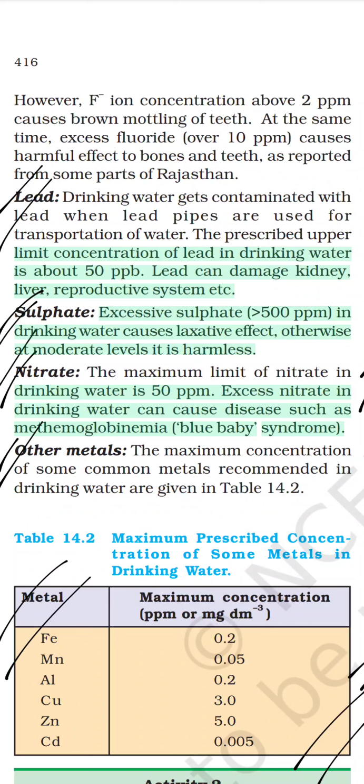Next, nitrate. The maximum limit of nitrate in drinking water is 50 ppm.